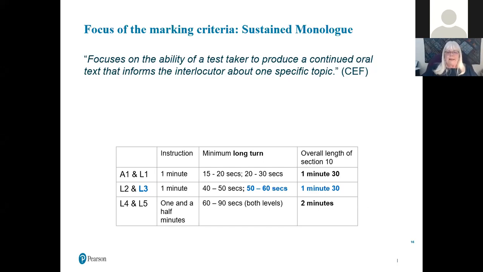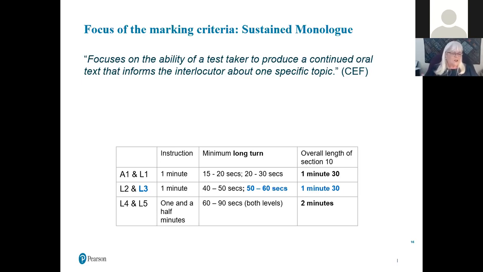Okay, similarly, within that overall time, if we look at the middle column where it says minimum long turn, the minimum long turn for level 3 is 50 to 60 seconds. So that's the monologue that we want to hear from a level 3 test taker. We want to hear them speak for at least 50 seconds without being interrupted.